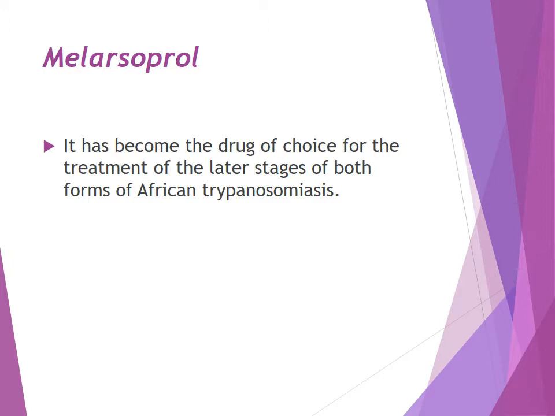Si gambiense, siya yung West African sleeping sickness, and yung rhodesiense, siya naman yung East African sleeping sickness. The vector for African trypanosomiasis is your tsetse fly.